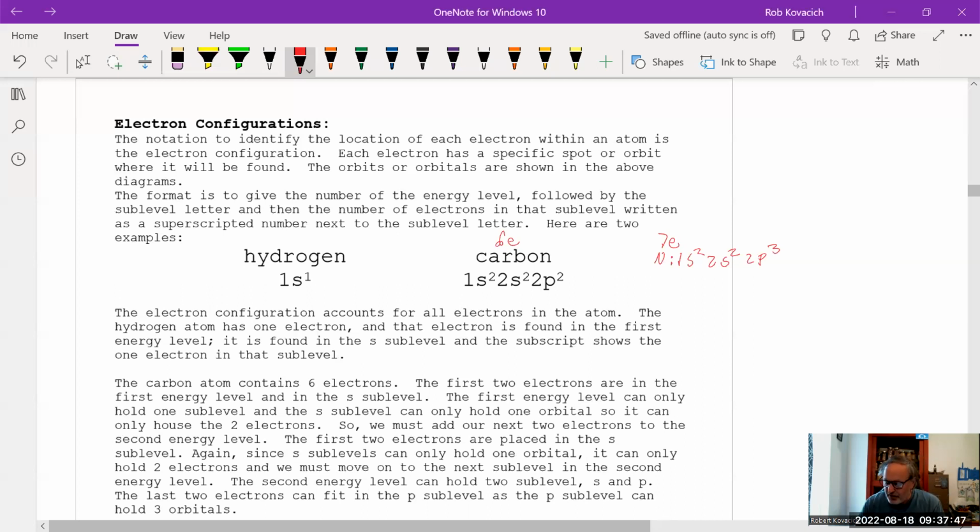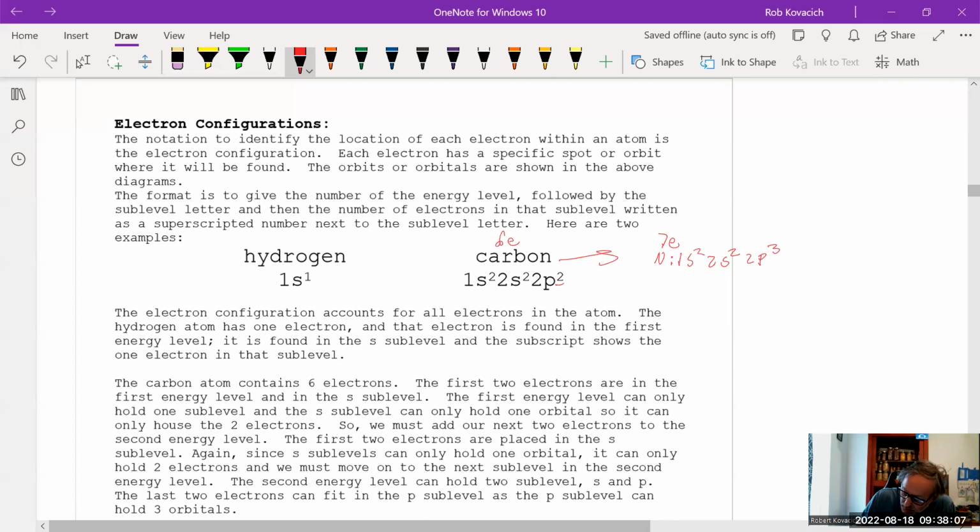And now I've used all 7 of my electrons. So the first 2 electrons are in the 1s, then 2 electrons in the 2s, and then the final 3 electrons are in the 2p. So you can see that as we're doing this, if I move from carbon to nitrogen, what's happening is I've just increased the number of electrons by 1 because that's what happens.